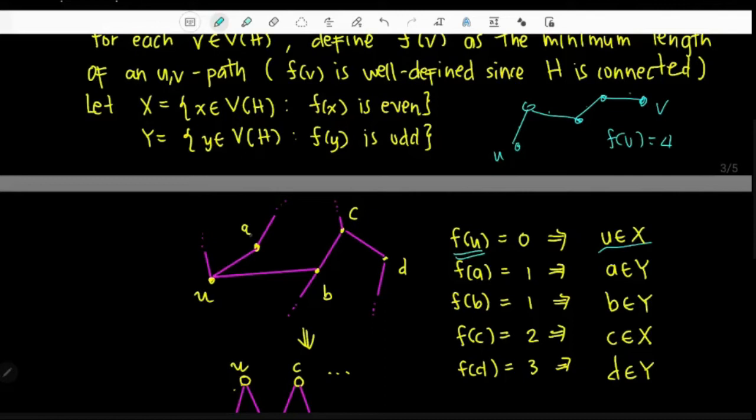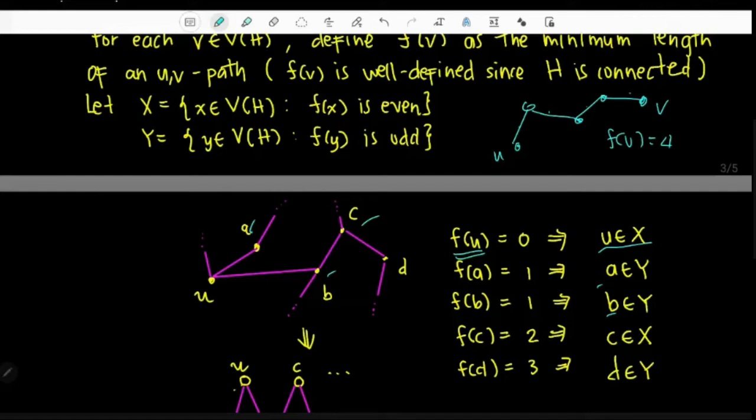Now, both A and B are adjacent to U, so exactly a path of length 1 connects U to A and U to B respectively. That means f(A) and f(B) are both equal to 1. So, both A and B belong to Y because 1 is odd. C connects to U by a path of length 2: U to B, then B to C.